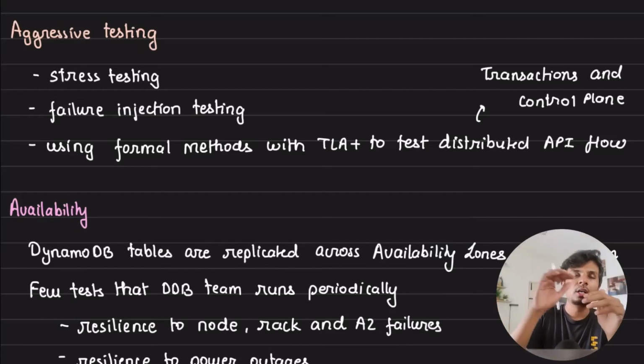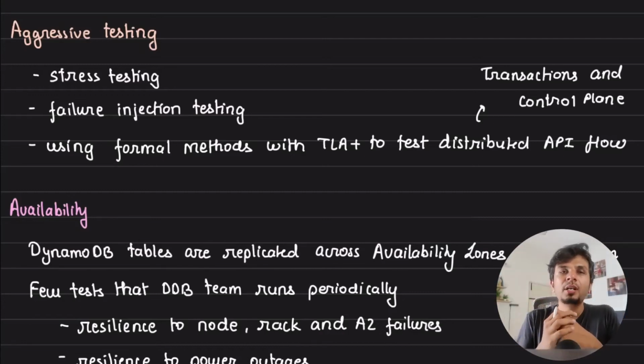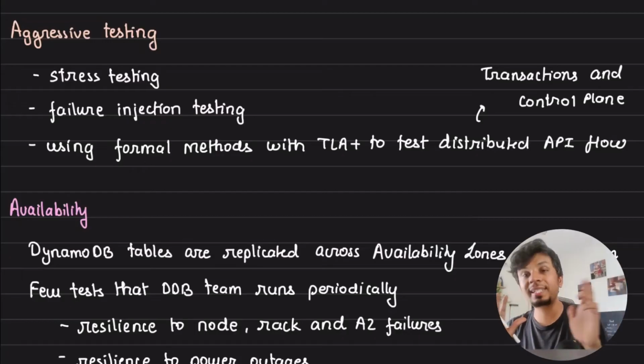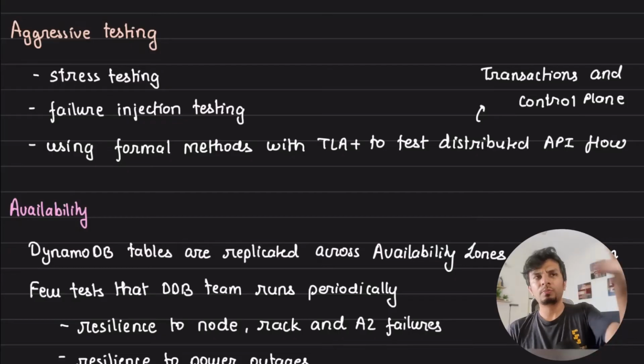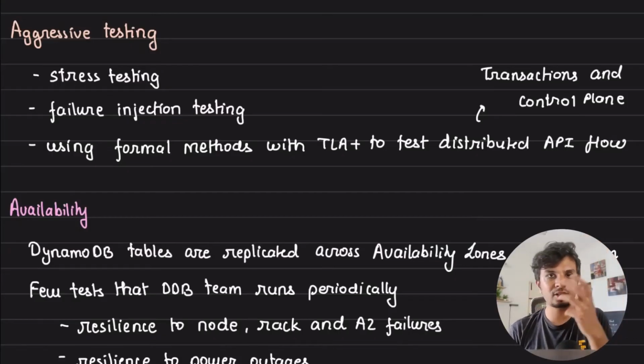In case you have not, it's a very formal way to ensure the correctness of a distributed system, right? A lot of CS researchers use it to ensure the correctness of the systems they are designing. So DynamoDB does all of this to ensure correctness, but we won't go deeper into that.